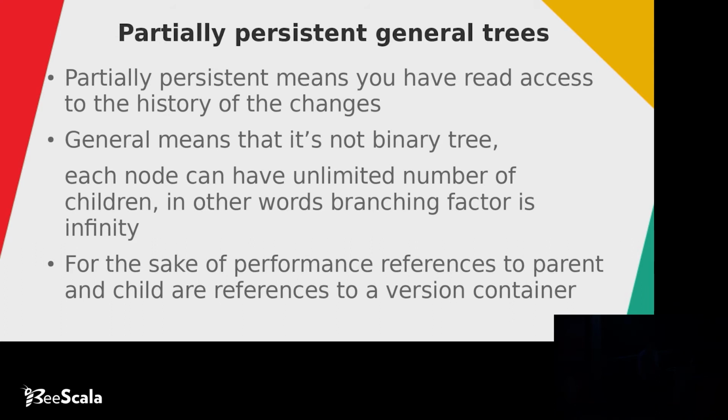One approach is proposing the container option, when a node in a tree is not actually your immutable object, but a container of the versions, like a sequence of the versions, and the relations between the parent and the child are tied to the containers themselves, not to the immutable objects.